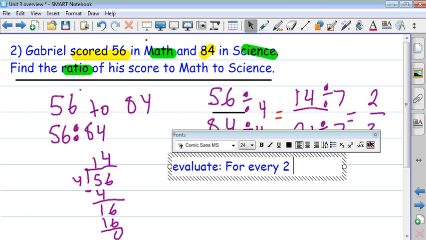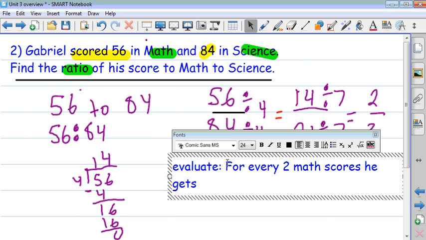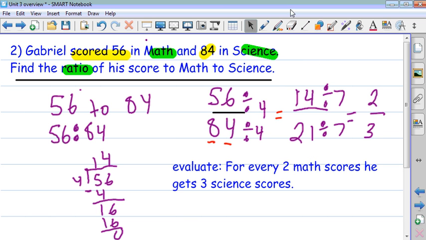For every 2 math scores he gets, how many science scores does he get? He gets 3 science scores. And I'll move this right here. And again, I'm going to have the sub pause it right here so you can get all that down.